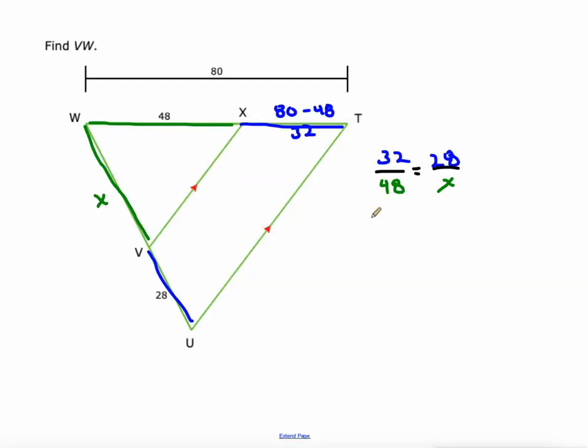Let's do 32 times x equals 48 times 28. Those are cross products. Cross product property states that the cross products in any proportion are congruent to each other. So 48 times 28 is 1,344. And then we'll just divide both sides of this equation by 32, and we'll get our missing value, which is 42.